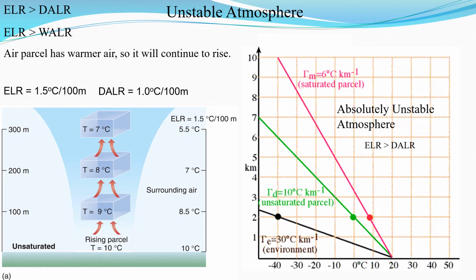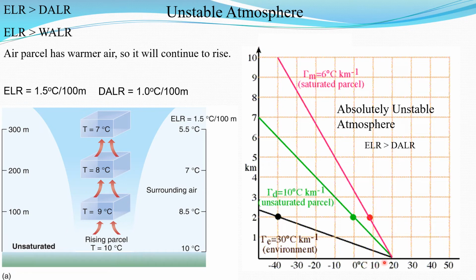The one thing in this slide I would like you to pay attention to is that there are three lines here. This one is gamma M, moist, that is the saturated condition. This gamma D is the unsaturated parcel, the dry adiabatic lapse rate, and gamma E is the environmental lapse rate.